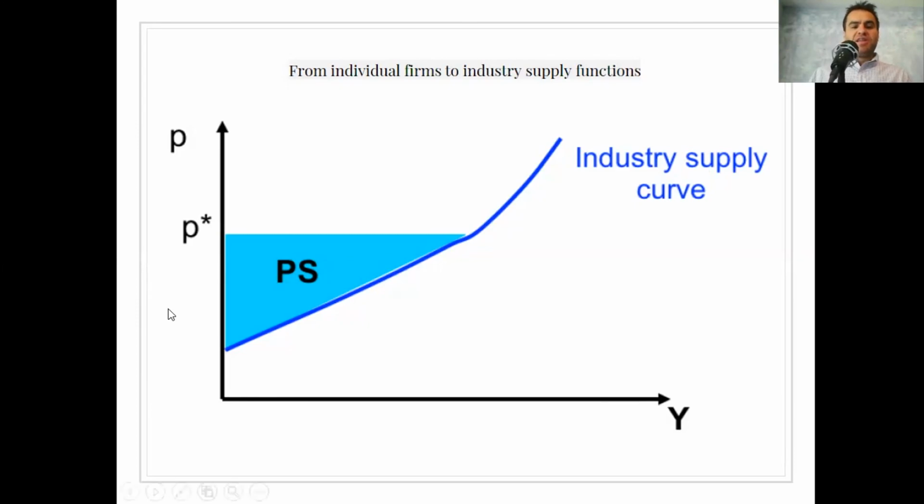In this case, the top part of the blue triangle would be the equilibrium price of the market, and the rest of the triangle would be composed of the area below the price but above the marginal cost, which is the supply curve.